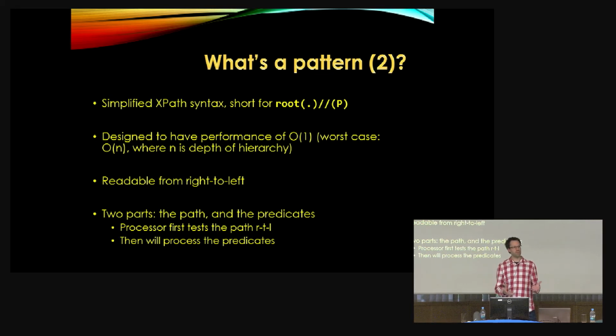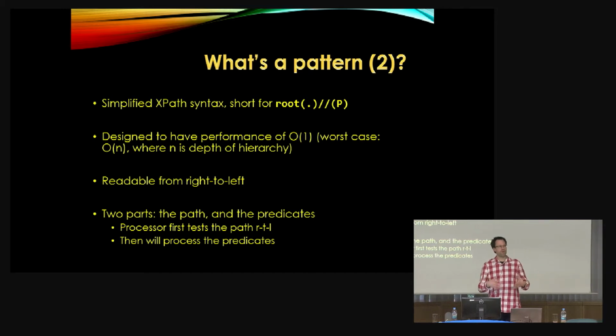If you look it up in the spec, it says it is short for the expression root, the current node, //p, where p is the pattern. There's a little more to it than that, but that is the official definition. This gives a big set of nodes from your whole document, and the processor then has to find out whether the current node is in that set.